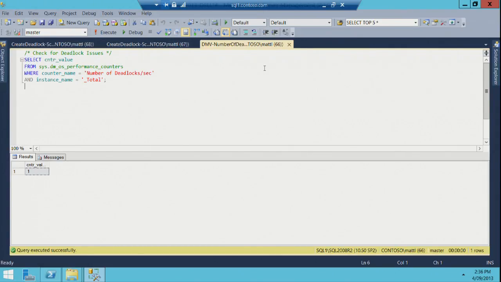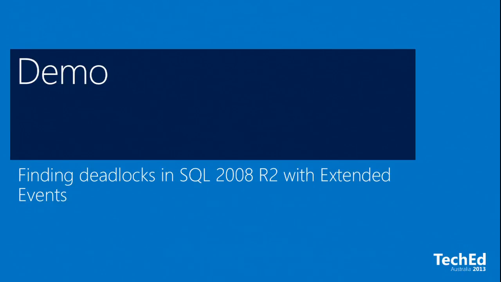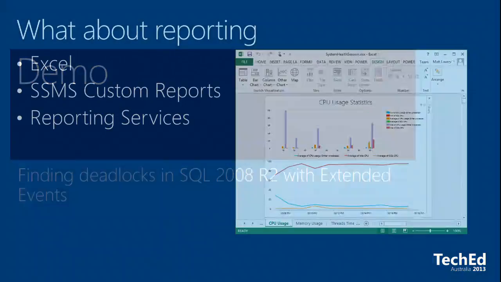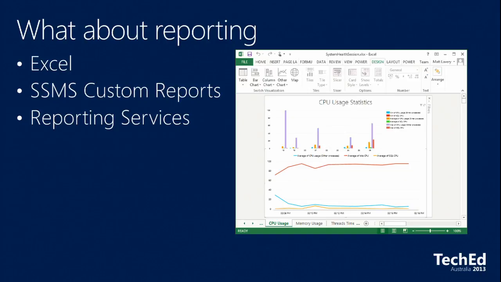But now there's one other thing with extended events that can be quite useful, and that's when we start to look at creating reports out of the extended events data. So similar to using those tools to get the reports off the trace data, I often will use Excel, in fact, to analyze my extended events data and really get to some further information.